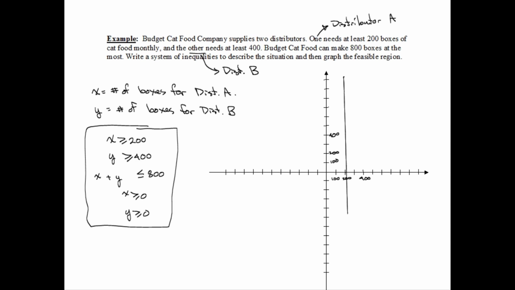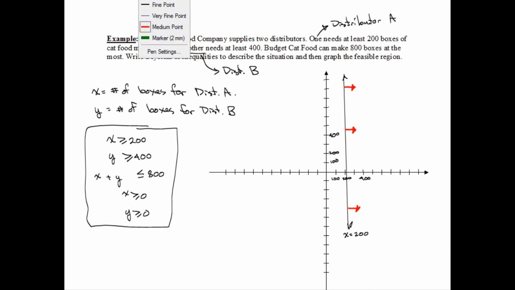It's going to be a vertical line. This is the line x equals 200. And what's going to be shaded over there? Everything to the right. So x has to be at least 200.